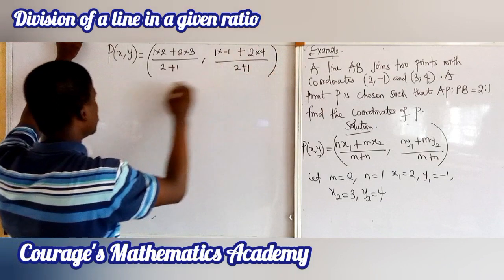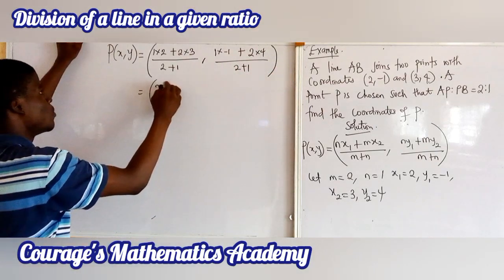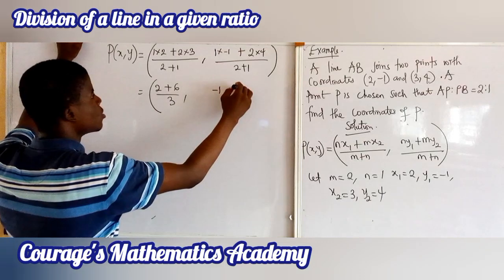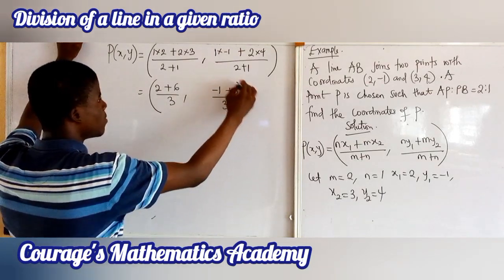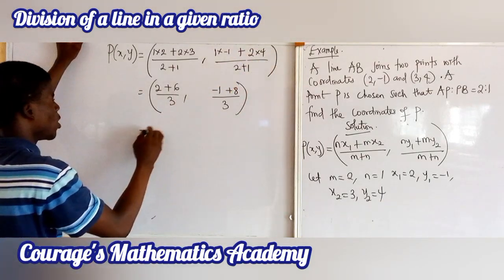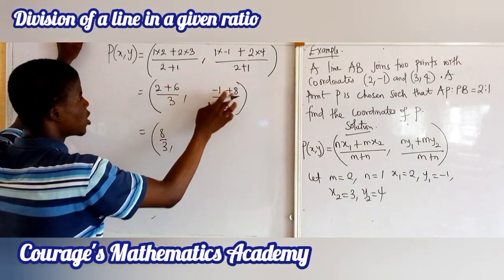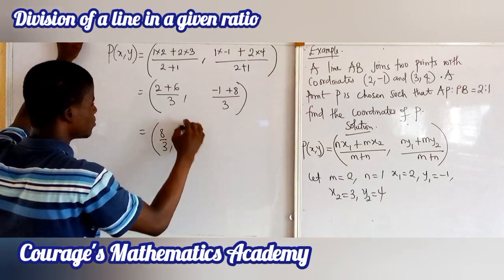So we have 2 plus 6 over 3, comma, minus 1 plus 8 over 3. 2 times 4 is 8. So what do we have? 8 over 3, comma, minus 1 plus 8 is 7 over 3.